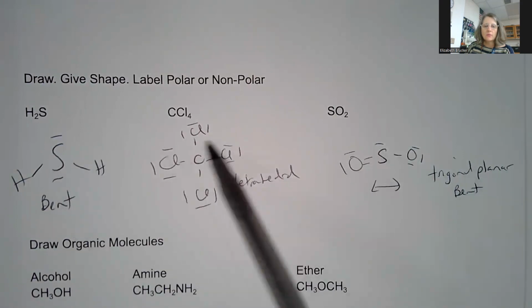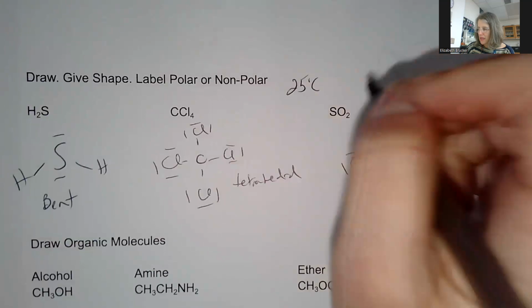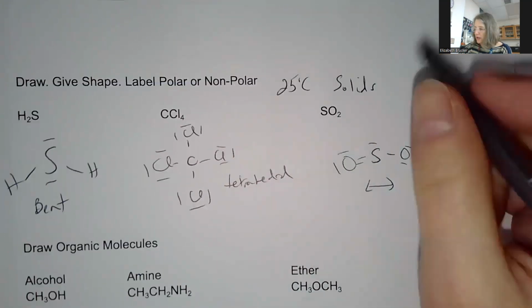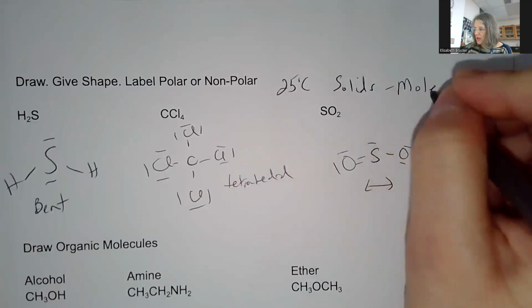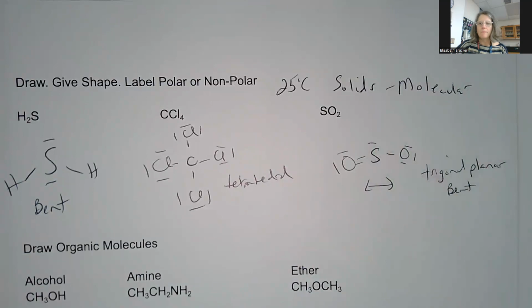So these would all be given at, let's say, 25 degrees Celsius, solids. They are going to be classified as molecular solids because they have covalent bonds in them. But again, between solids and liquids, we're going to just take it as what temperature are you at? Are you at a liquid or a solid?